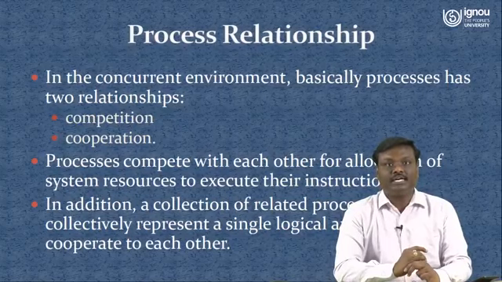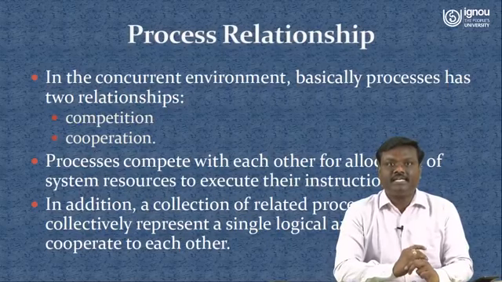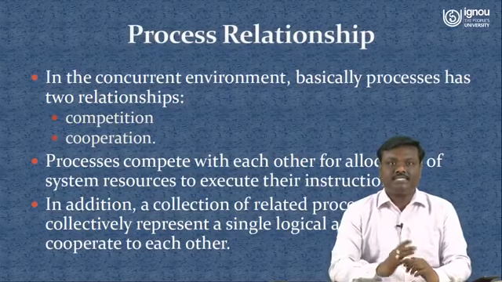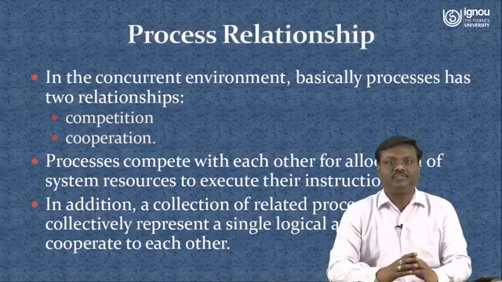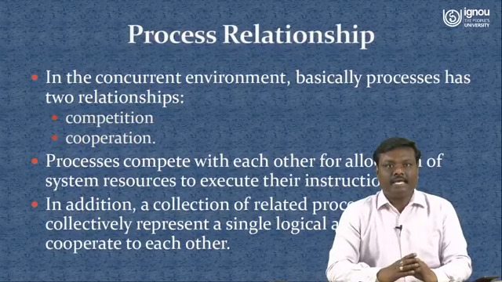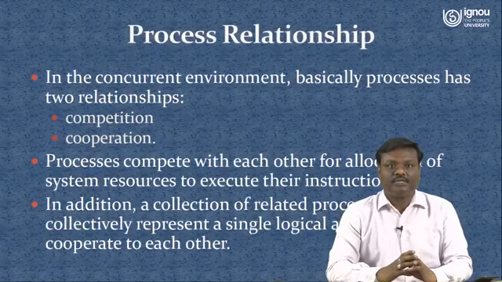When you come to the concurrent environment, many processes reside in the RAM and the processor is attached to them, with some algorithm of execution going on behind them. That gives two kinds of relationships: one is competition and the other is cooperation.